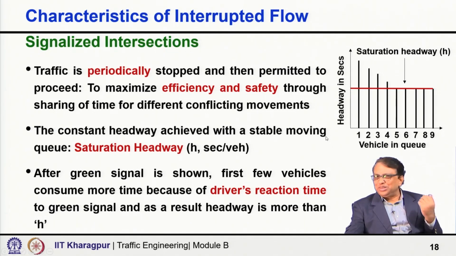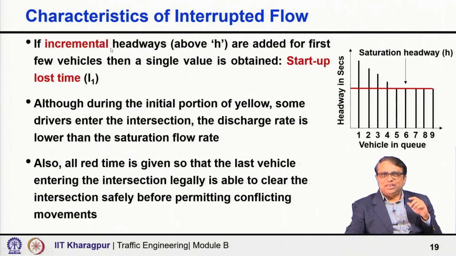If the signal is continuously green and if there is enough demand, then we would get a steady discharge with saturation headway H. These first few vehicles are taking longer time simply because the signal is turning from red to green. So, the incremental headway, if we add for the first few vehicles, we call it the startup loss time.